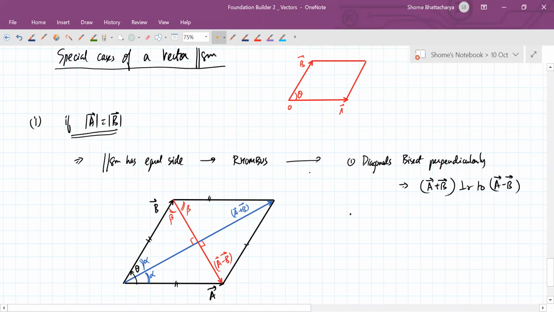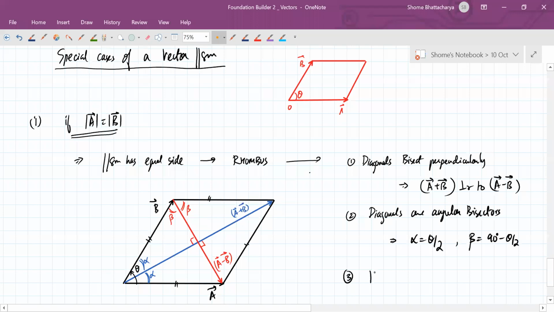And secondly, the diagonals are angular bisectors, or they bisect the angles between the sides. So what that means in terms of vector algebra here is that alpha will be theta by 2. The angle made by A plus B with the vector A is half the angle theta, and consequently beta is 90 degrees minus theta by 2. And using the same thing, we will see another important property which I will derive for you in a moment.